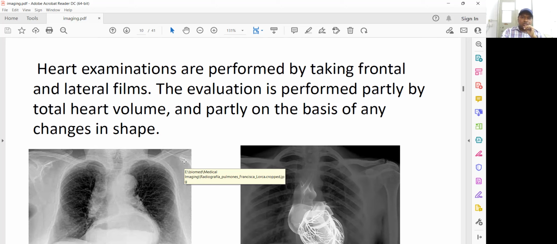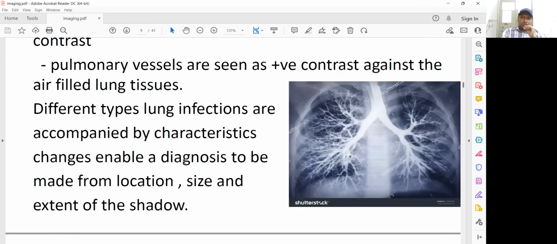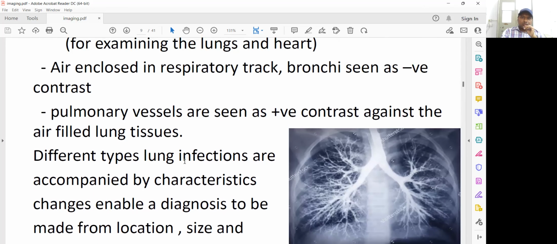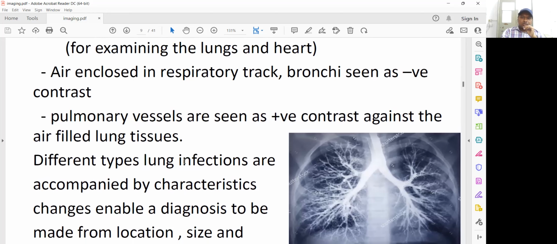Okay, so these are some photographs of the lungs. Inside the lungs we can see the particular respiratory tracts, which are clearly shown in this figure as negative contrast, and pulmonary vessels are seen as positive contrast.